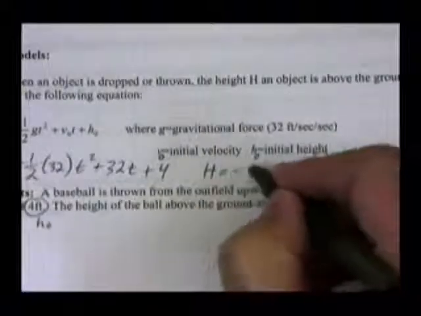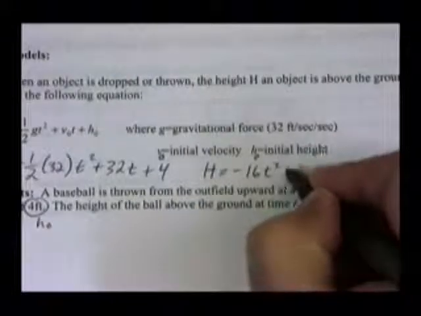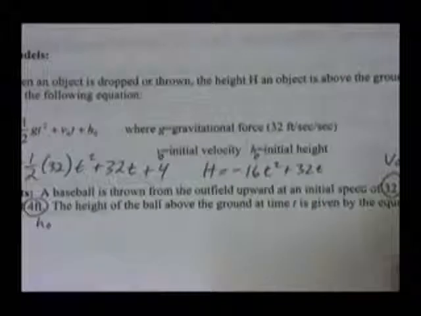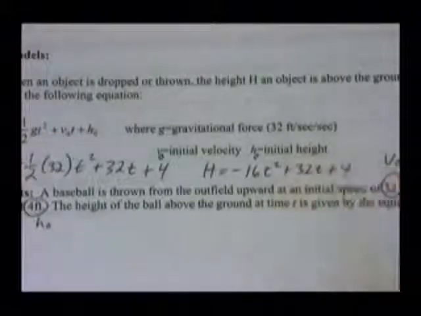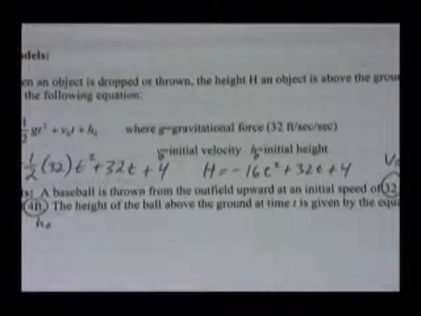So what that gives me is h equals -1/2 times 32 is -16 t squared plus 32t plus 4. All right, so that is my equation.